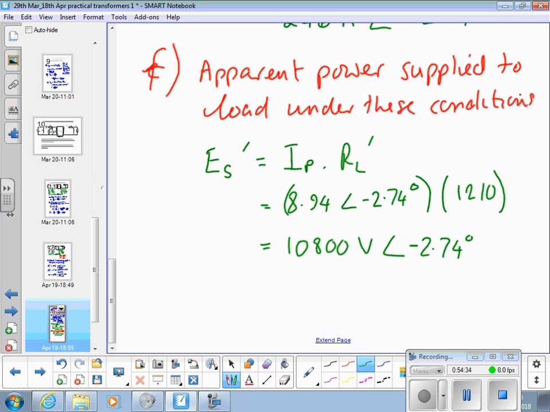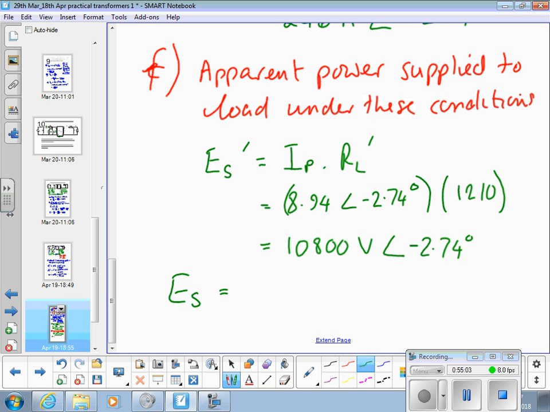Yep. Now, how do we turn that into ES? We're transferring voltage, not impedance.